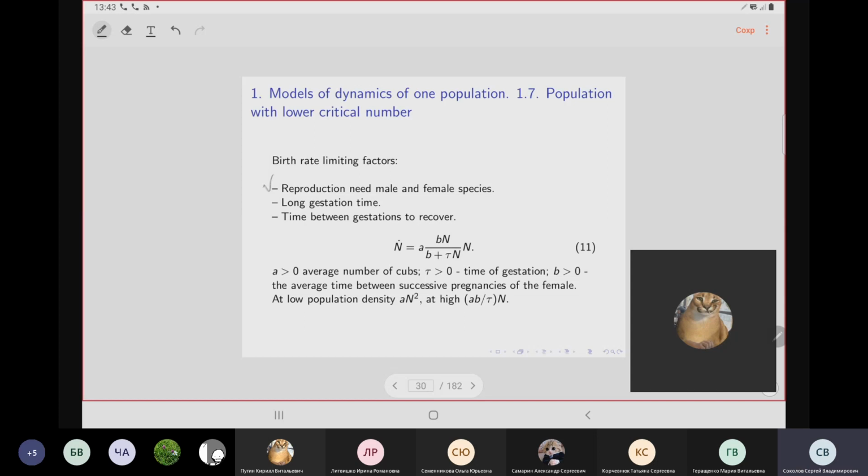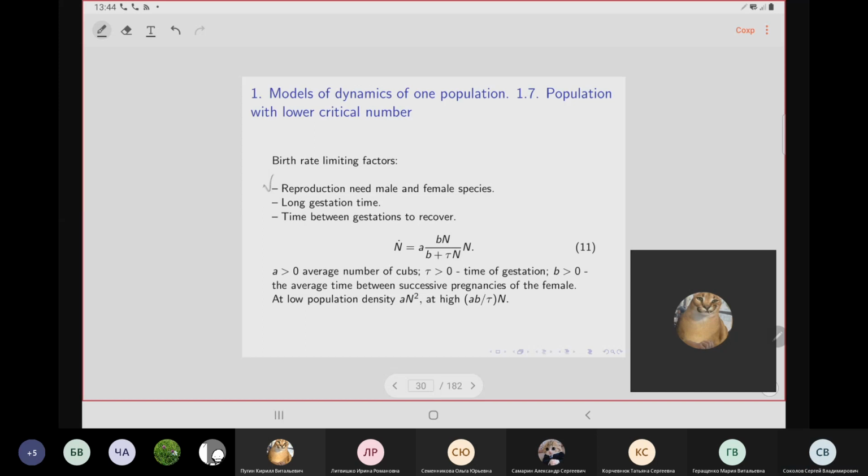Gestation means the time when the female is pregnant. So there is some delay between two different moments of reproduction. There is always some delay. For humans, it is like a gestation time of 8 months and a few months more to recover for a female.